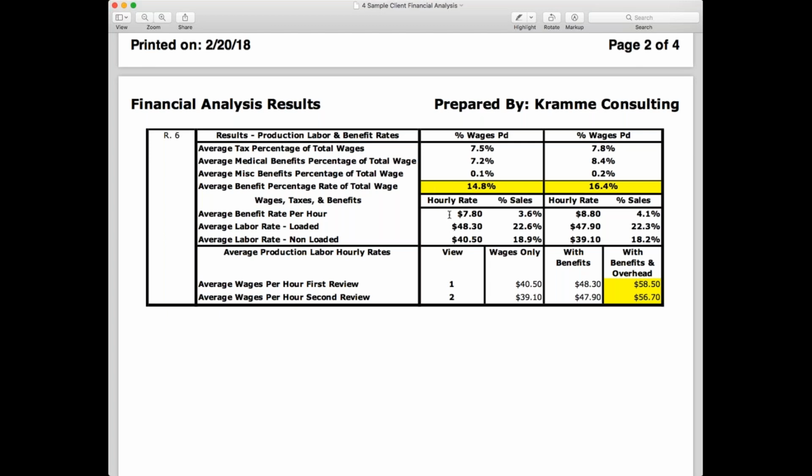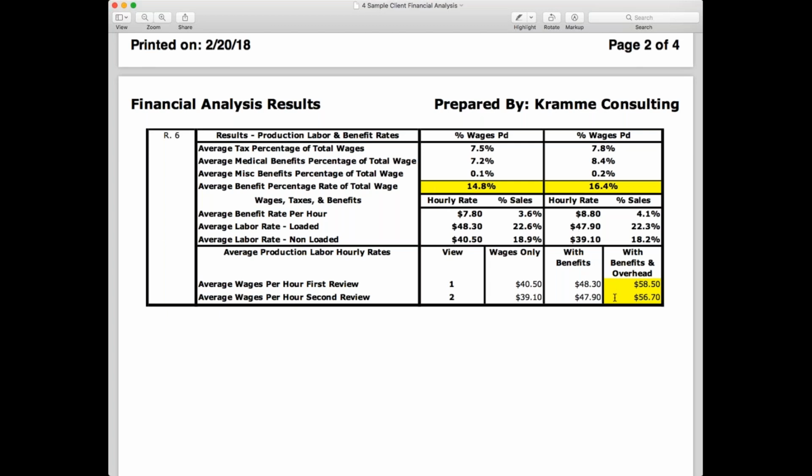The average hourly rate for the tax went up about $1. The loaded labor rate with the 4790 came down from the initial engagement, which is a good sign. So they're bringing their overall labor costs down for labor and wages and taxes and benefits.